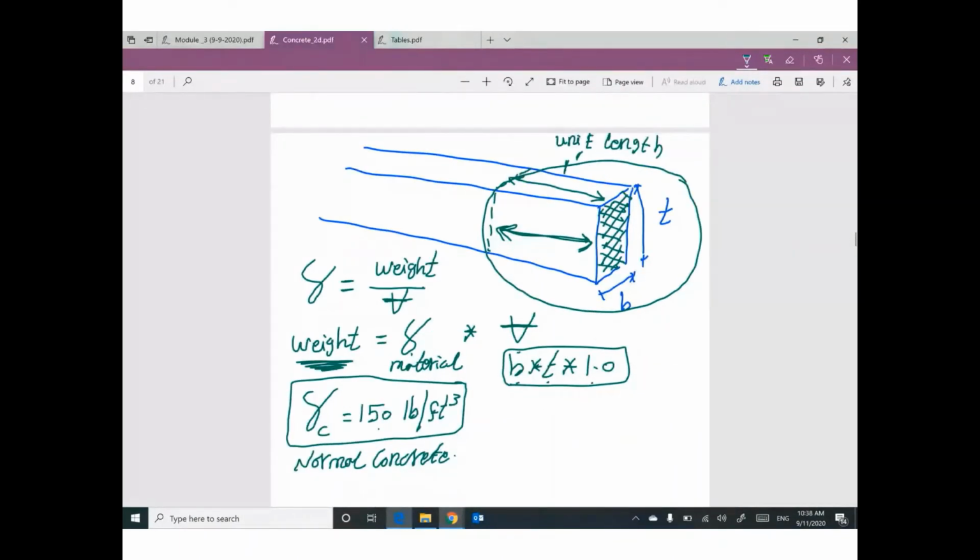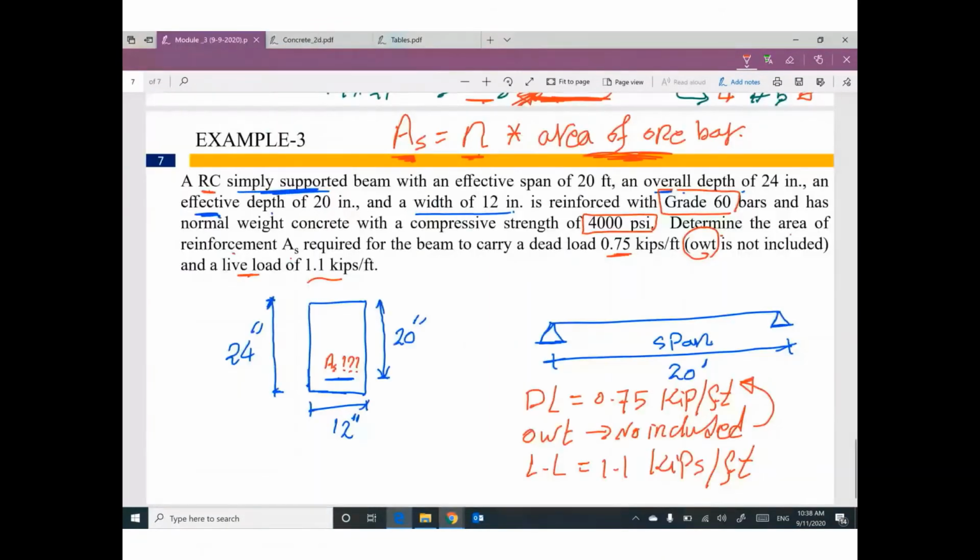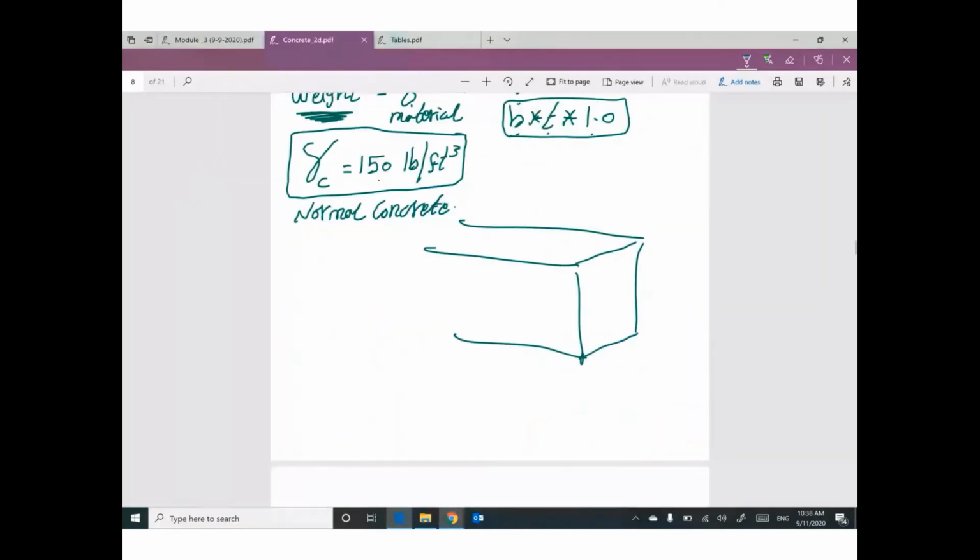For example, the beam in this problem has 24 inch total depth and 12 inch width. We are looking for unit length, 1 foot. So what is the own weight of this beam?